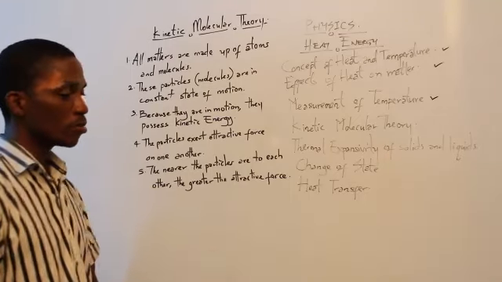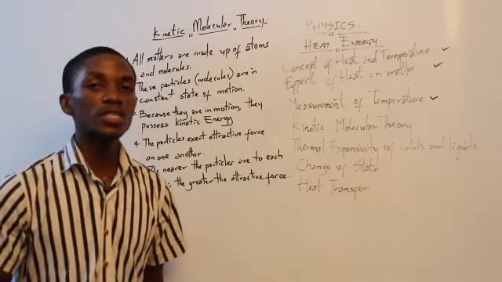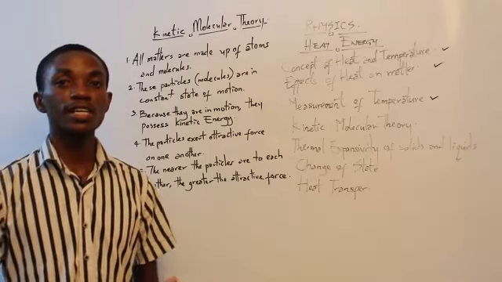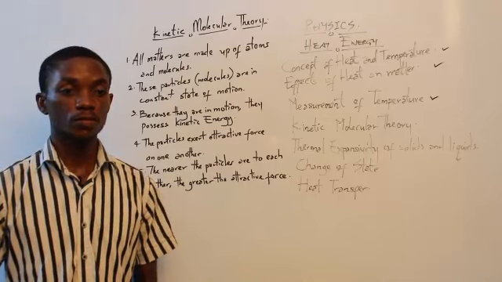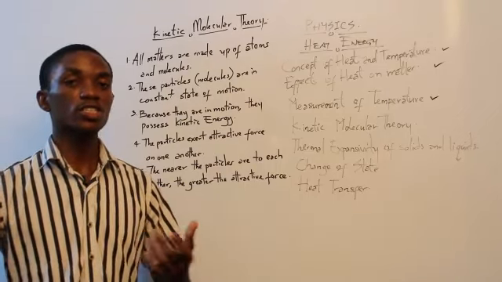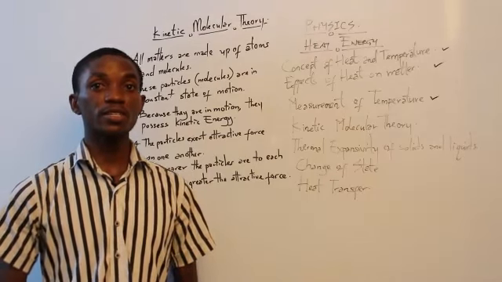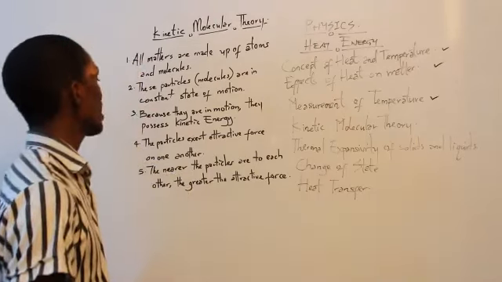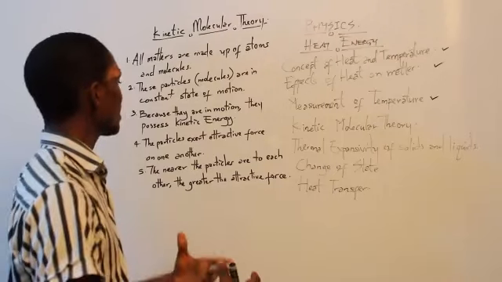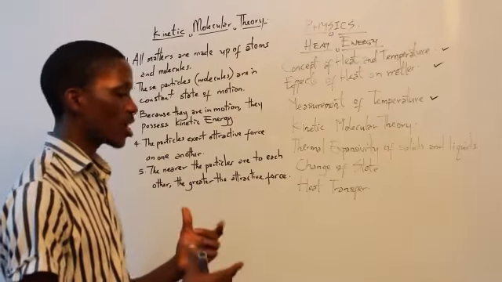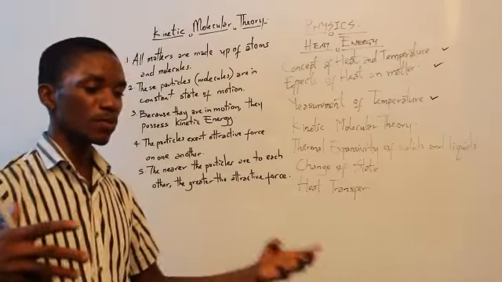And also, because they are in motion, they possess energy, and the energy here is kinetic energy. Since they are moving, kinetic energy is being transmitted, and of course we know energy is neither created nor destroyed. So this kinetic energy exerts attractive force on each of the atoms.